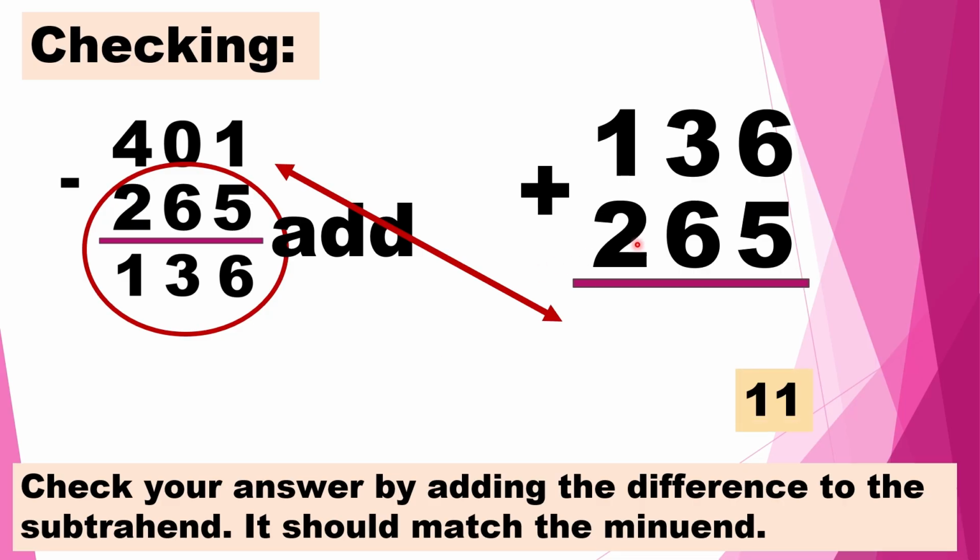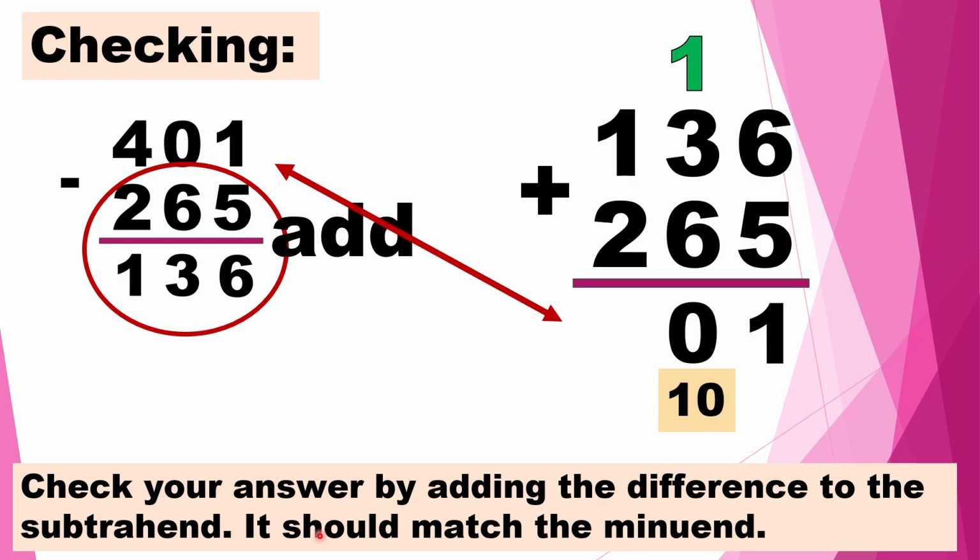So 6 plus 5 is 11. Then we write 1 and carry over 1. Next, we add 1 plus 3 plus 6 equals 10. So we write 0 and then carry over 1.